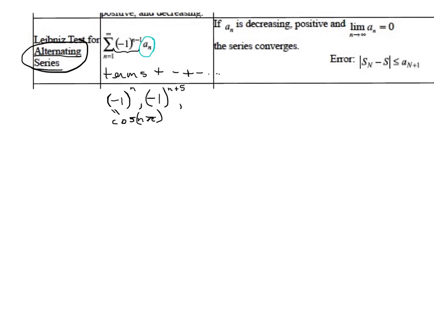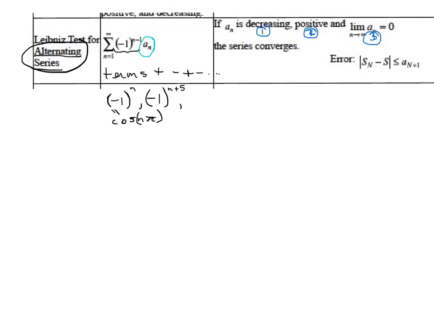All right, so like the integral test, there are first a few things that need to happen. And for this test, there's actually 3 things that we need to show: decreasing, positive, and a limit going to 0. Maybe I should say 1, 2, 3 there. So 3 things that we need to show.